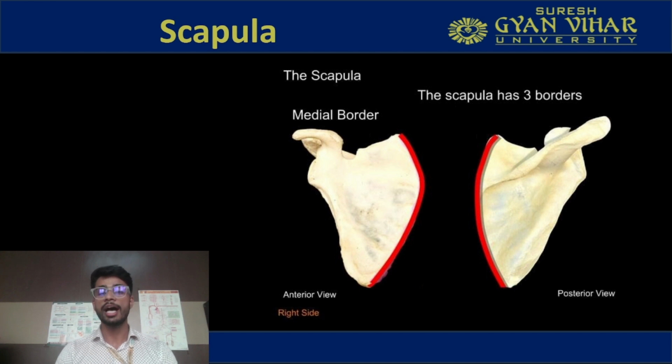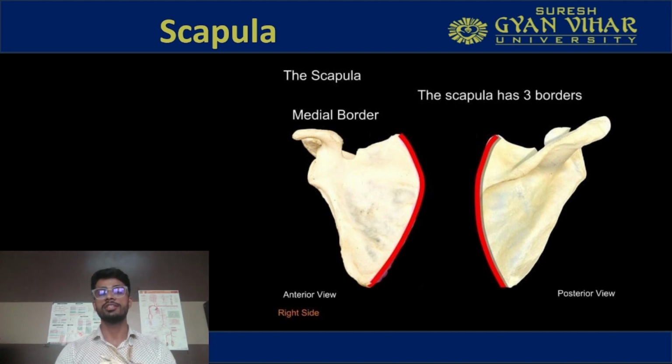Then there are some borders: the medial border and lateral border. This is your glenoid cavity present over here, and the border which is in continuation with the glenoid cavity is the lateral border, and the opposite border is the medial border. The border present in the upward direction is your superior border.